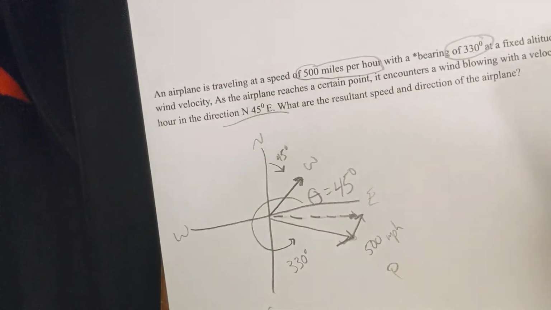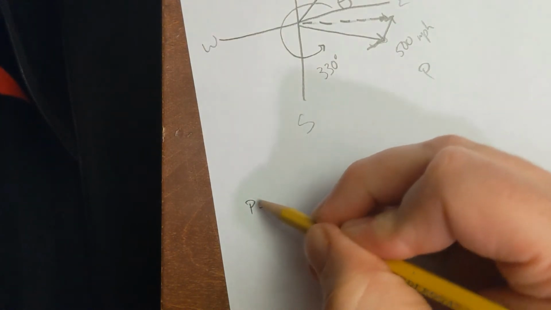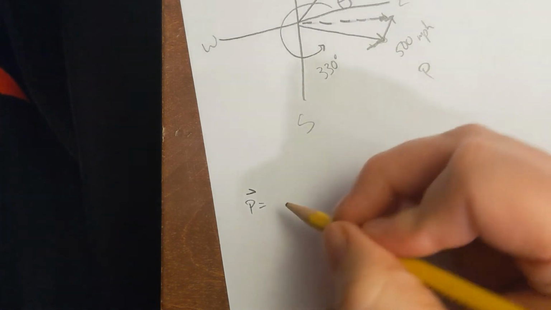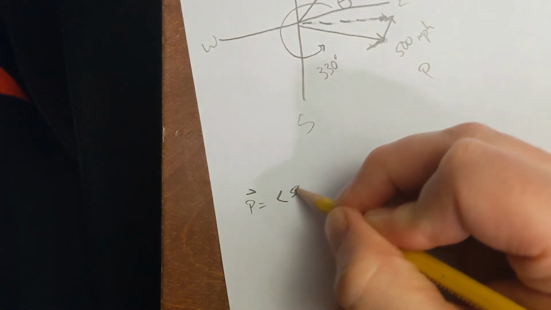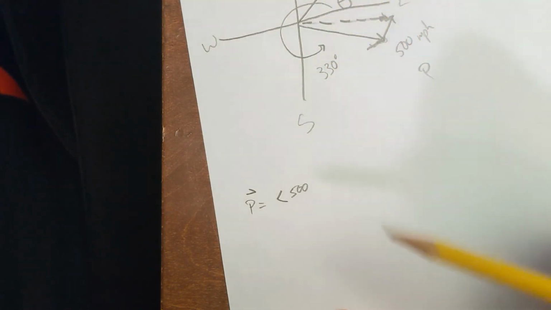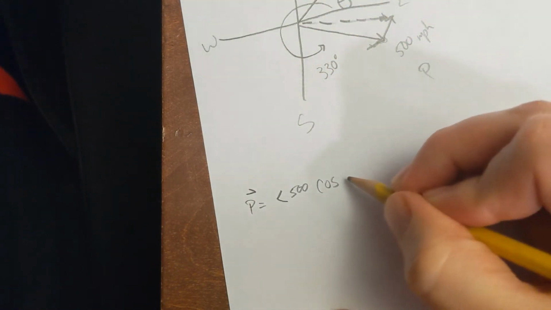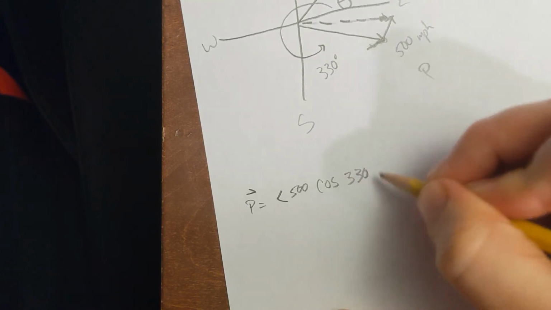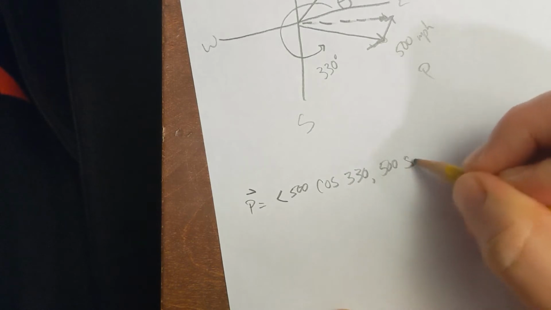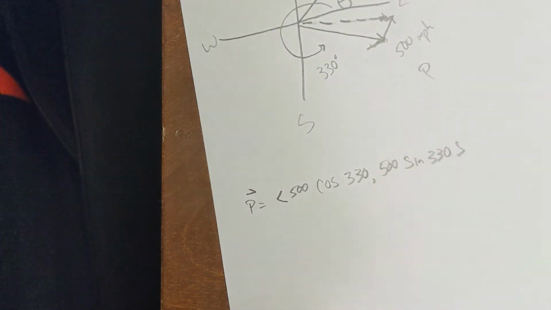To do that, since I'm talking about my plane, I take the magnitude of the plane. Well, the magnitude is the speed, 500 miles an hour. And because we're equating this to our unit circle, it's going to be 500 cosine theta, which for my plane is 330 degrees, and 500 sine theta, which again is 330 degrees.